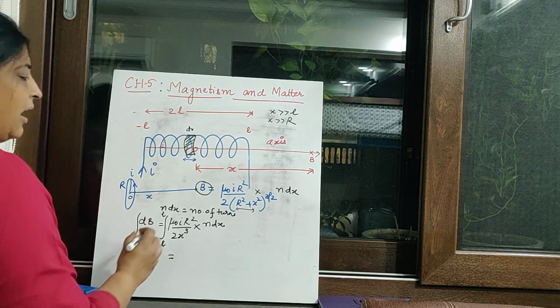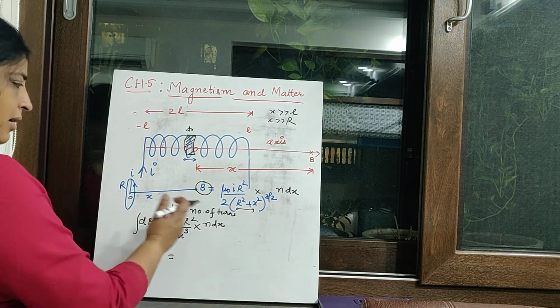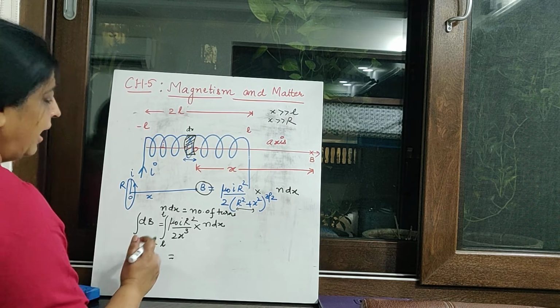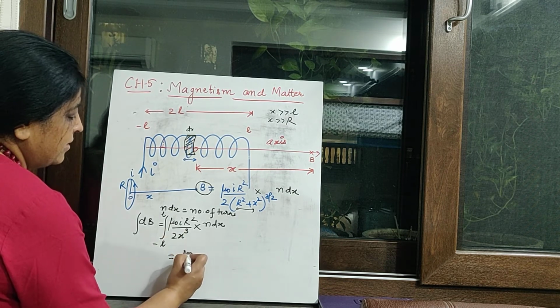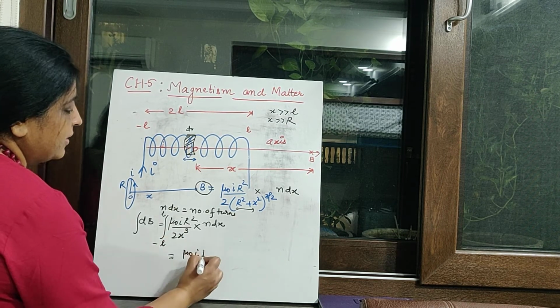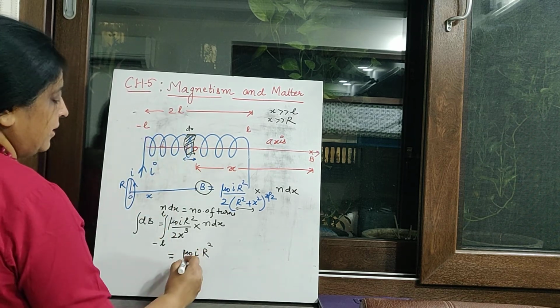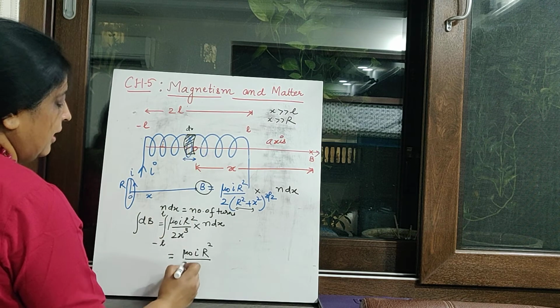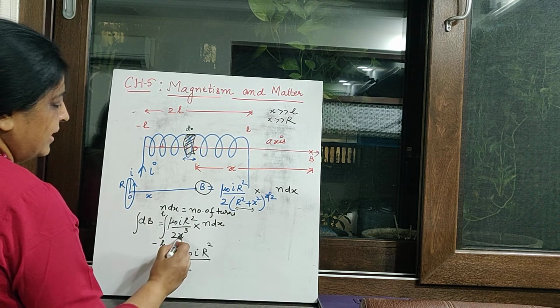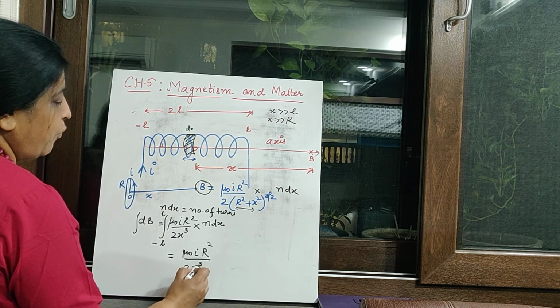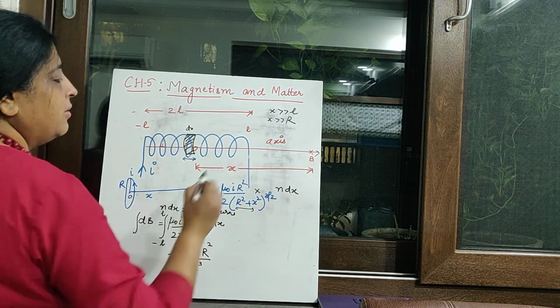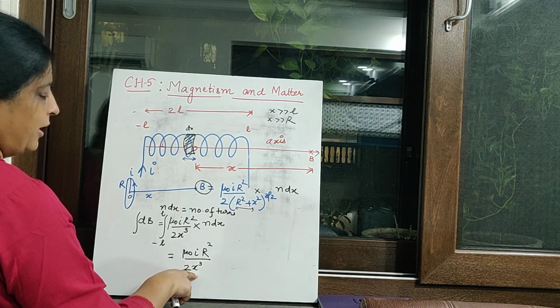Now we will take out all the constants outside the integral sign. So mu naught is a constant. The current that is flowing is a constant. Radius of the solenoid is constant, one circular turn. Then this x is also constant, because the point where you want to find the magnetic field is fixed.